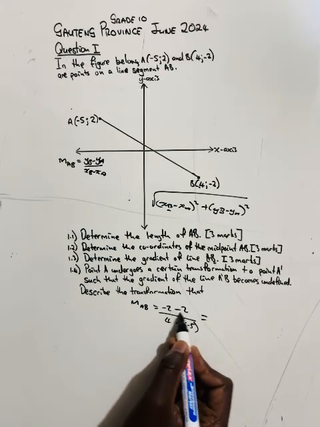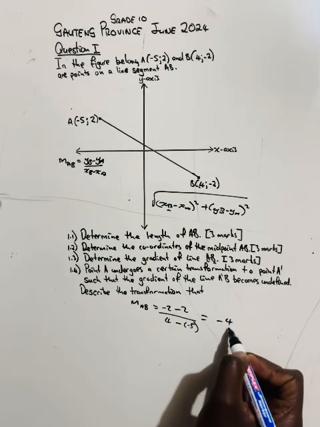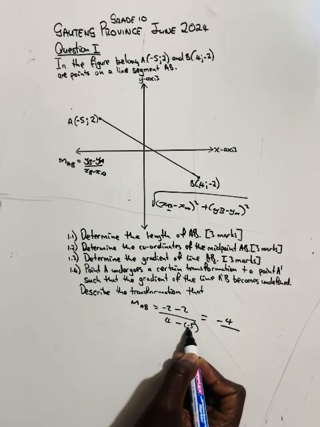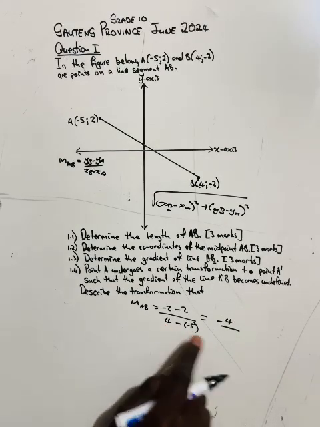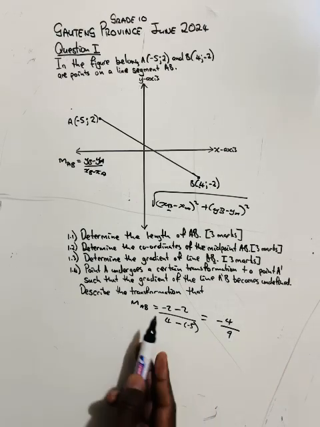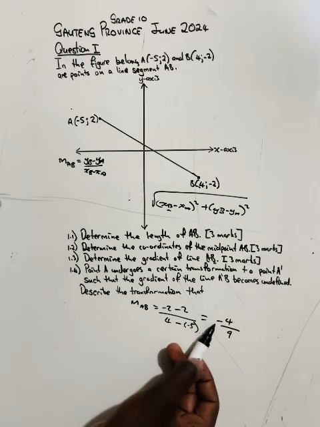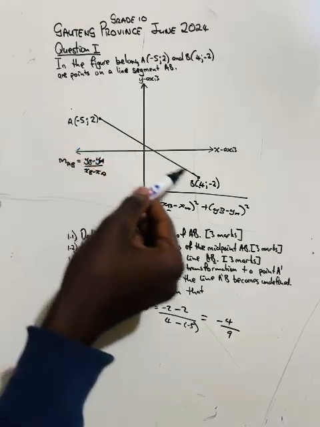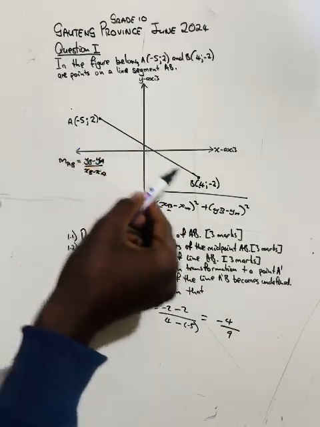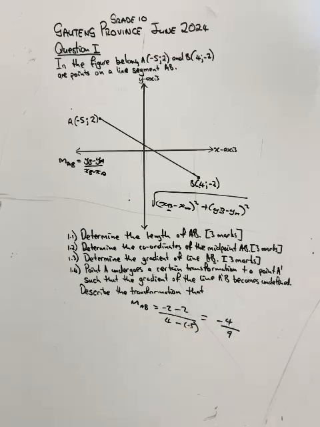Negative 2 minus 2 gives me a negative 4, all over a negative and a negative, which multiply to a positive, so 4 plus 5 is equal to 9. So the gradient of line AB is negative 4 over 9, which is true. If you check this line here, it is a decreasing function. And just like that, we are done.